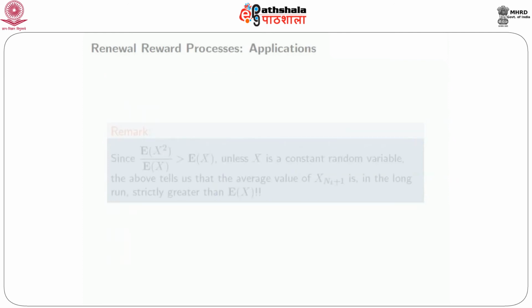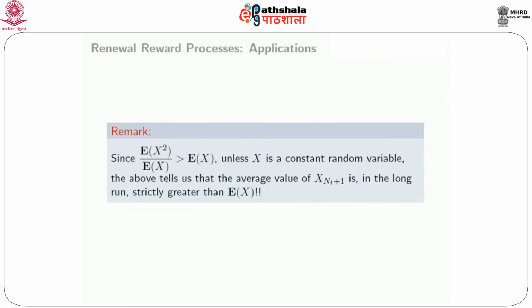So let's end with a remark, which is that E[X²]/E[X], we all know, is always strictly larger than E[X], unless of course X is a constant random variable. This is because strictly larger than E[X] means that the variance is strictly positive, and we know the variance is strictly positive unless X is a constant random variable. So what it says is about the average value of X_{N(t)+1} in the long run.